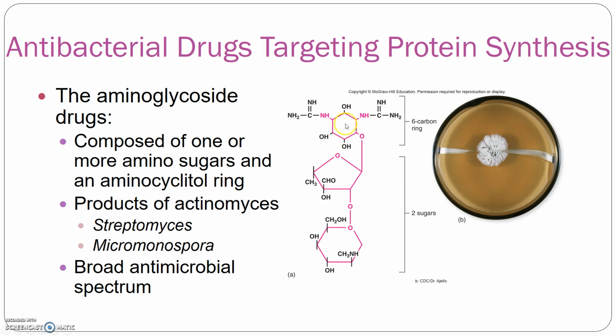So this is the aminocyclitol ring and 2 amino sugars. These aminoglycoside drugs are the products of a class of microorganisms called the actinomyces. Here is what a typical actinomycete looks like. And the aminoglycosides have a very broad antimicrobial spectrum.